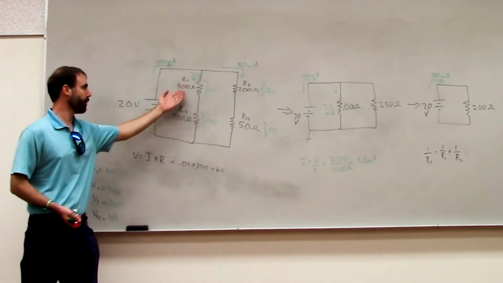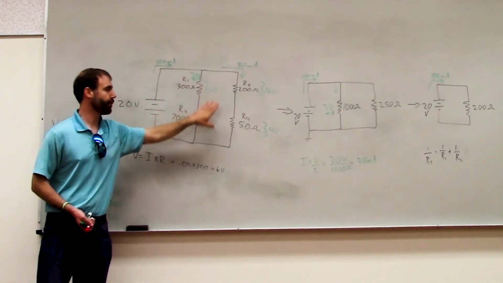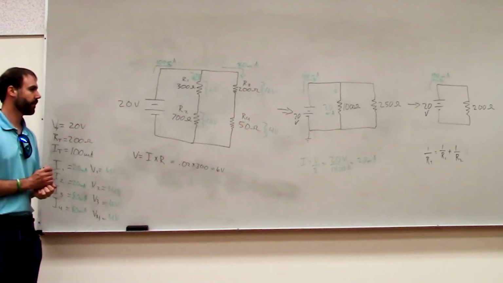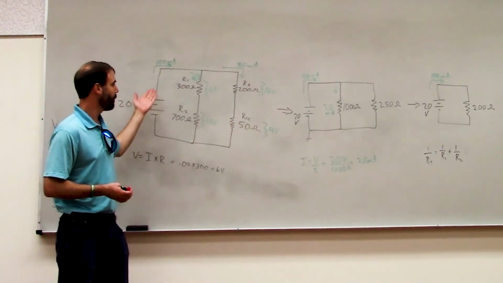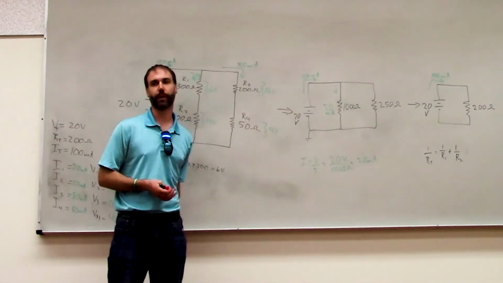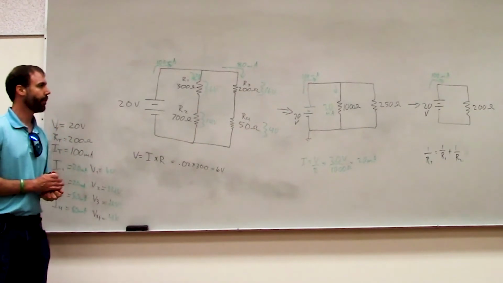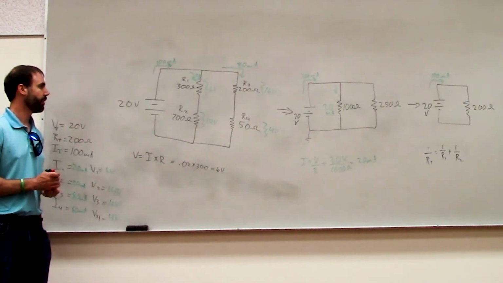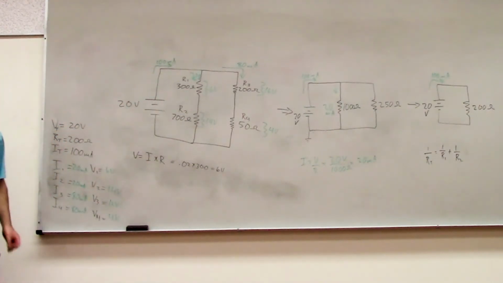And then once we knew the current through each branch, we figured out the voltages for each of the components. So the basic procedure that you do is you start off by simplifying your circuit as much as possible, and then finding the current through the simplified circuit, and then working your way backwards to get the answers for the more complex circuit.